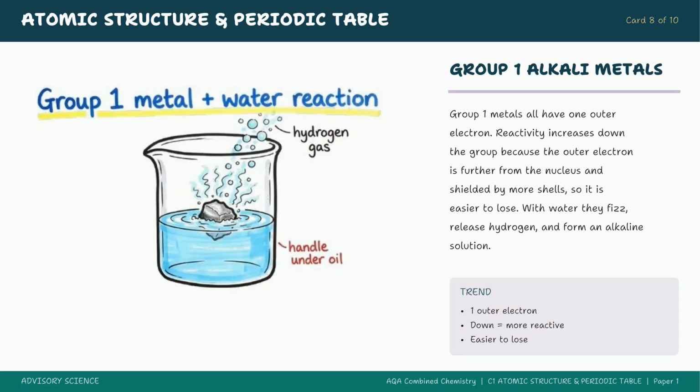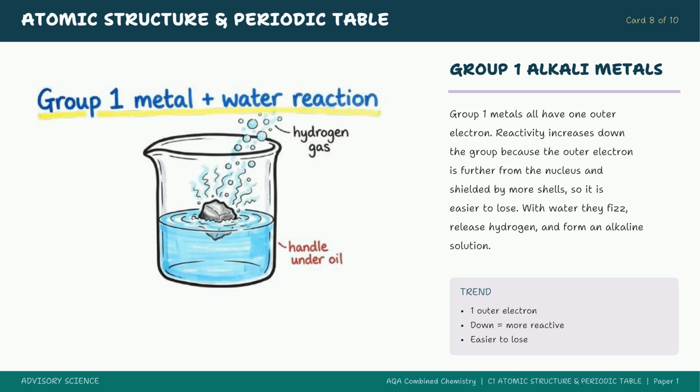Group 1 alkali metals. Group 1 metals all have one electron in their outer shell, so they react in similar ways. As you go down the group, reactivity increases, and that's because the outer electron is further from the nucleus and shielded by more shells, so it's easier to lose that electron.